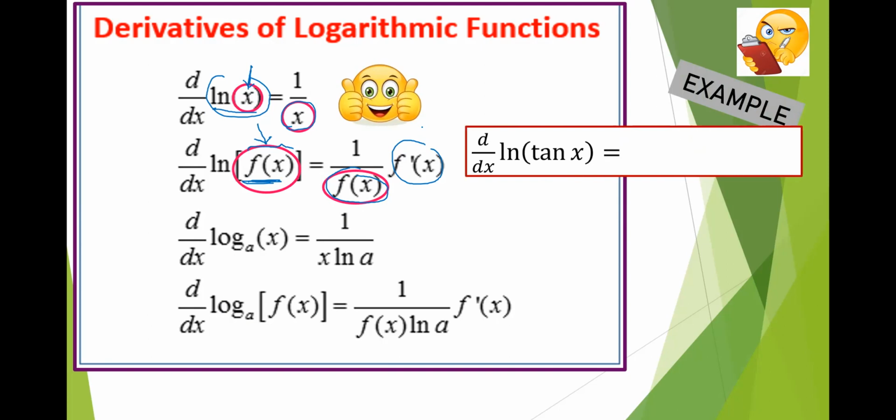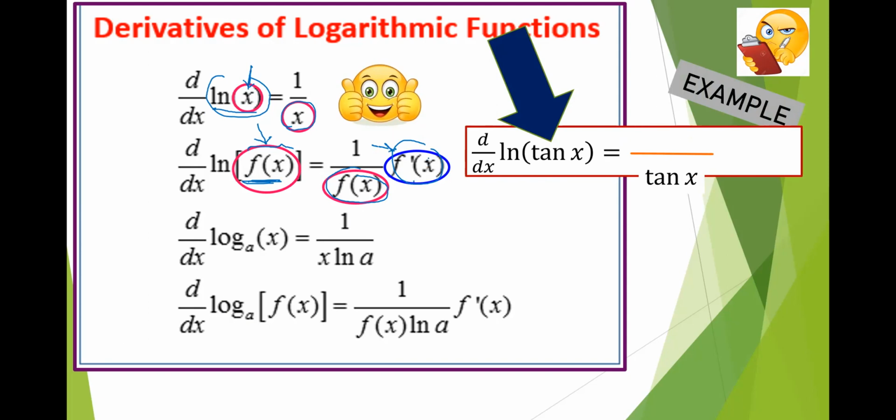Kunwari, meron kang ln of tangent x. Ang lalagay natin sa baba, sino? We just have to place this portion on the denominator, and then lagay lang natin si 1 sa numerator. Kaya lang, 1 times this, ito na lang din yung lagay natin sa numerator.